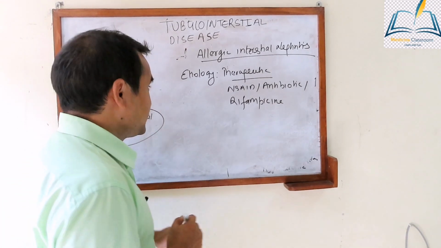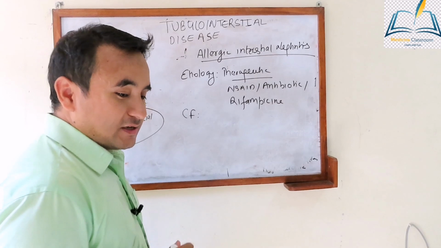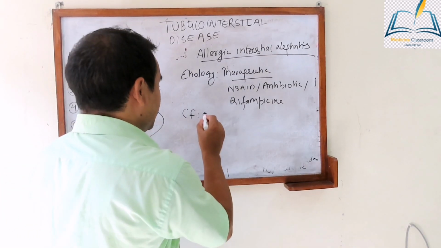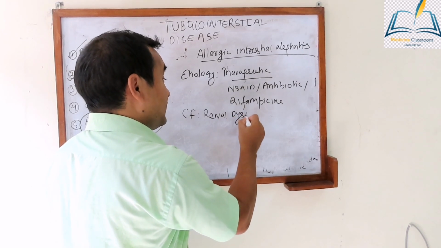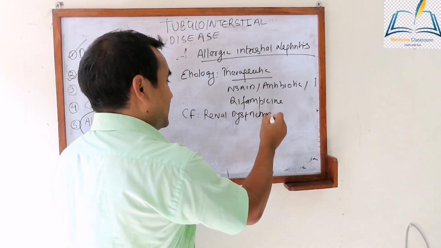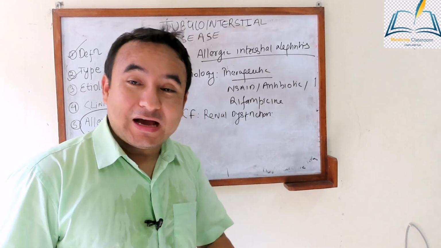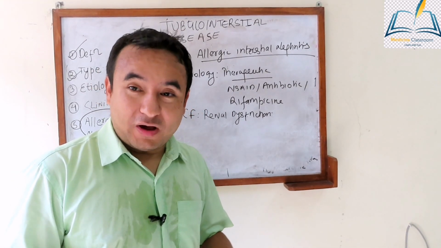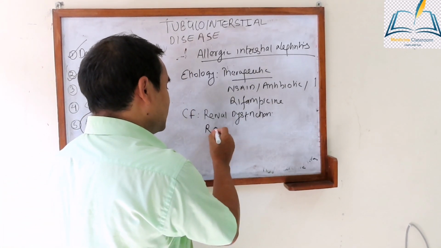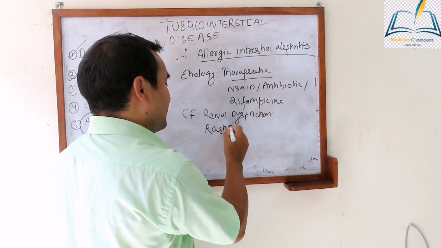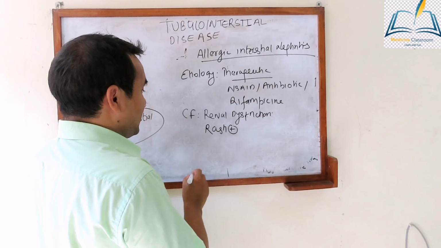Then what are the presentations? The clinical features of allergic interstitial nephritis, other than renal dysfunction, which I have already told you about in acute interstitial disease, include sometimes oliguria, sometimes anuria, and flank pain. But the other important classical picture is rash. Some patients can have a rash because it's an allergic condition.